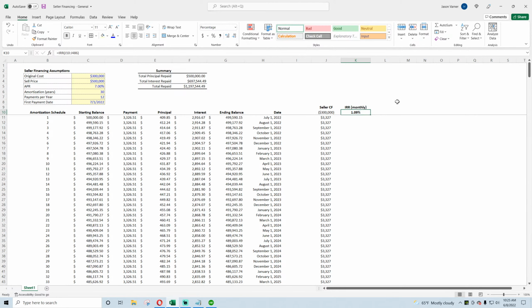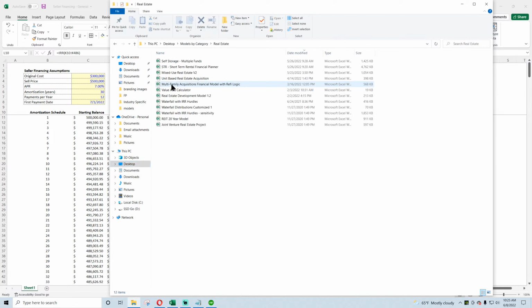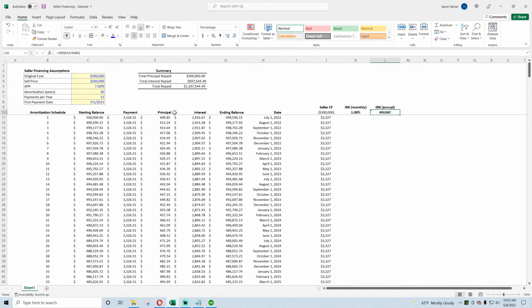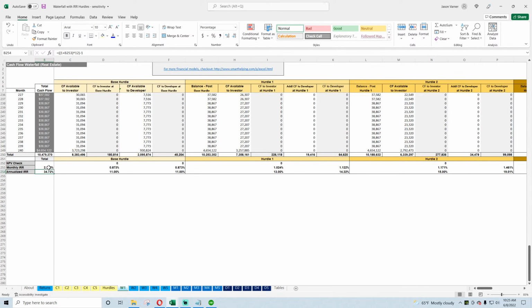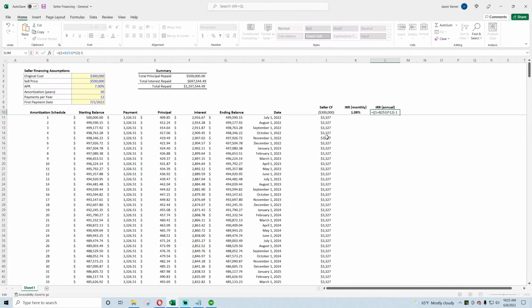I'm going to pull up, which one has it? This one does. I just need to go from monthly to annual. I know I have this calc right here. Okay, so this calculation. So there is a 13.84% annual internal rate of return based on, here's my cost.